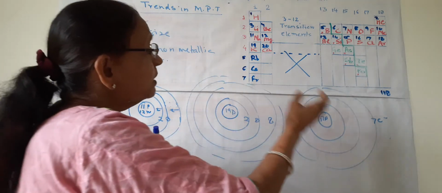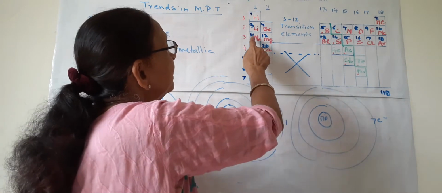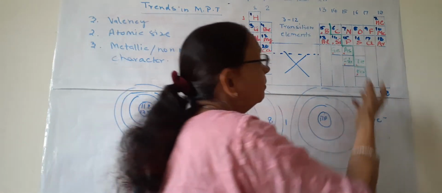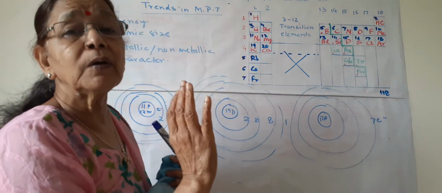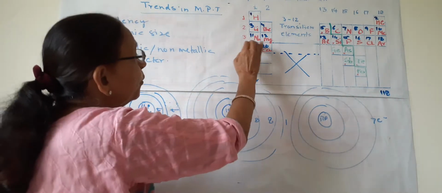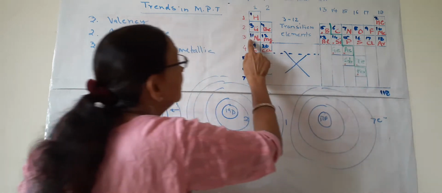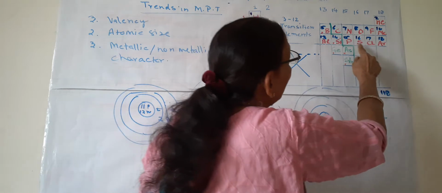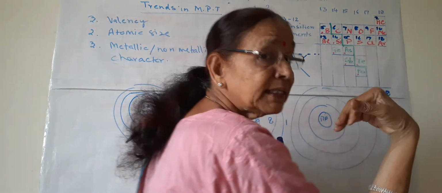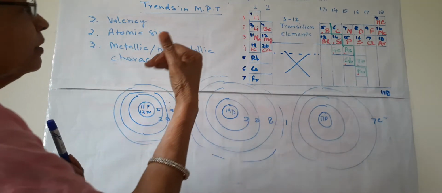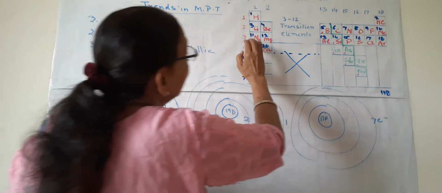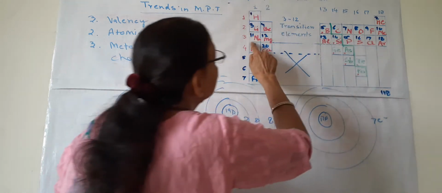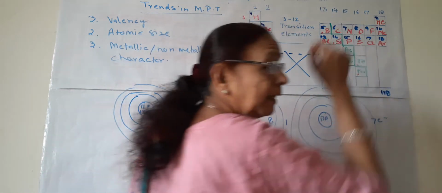So how is it explained here? Metals lose electrons readily or easily, and non-metals can gain electrons easily. So going from sodium to chlorine, if they are losing their electrons, they are metals, and if they are accepting electrons, they are non-metals. So the metallic character decreases as we go from left to right. These are more metallic and these are less metallic.